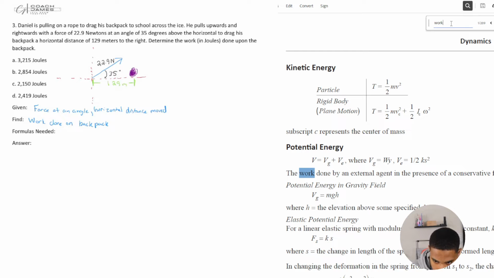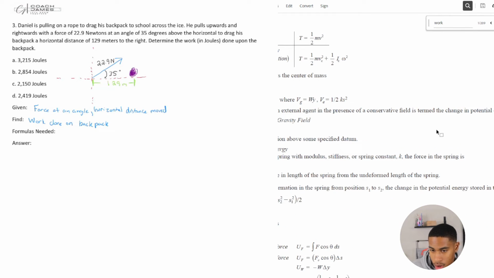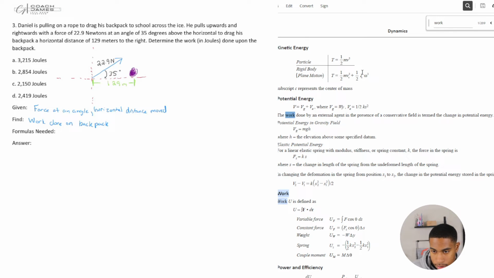All right, so the work done. Work is defined as force times a change in distance.